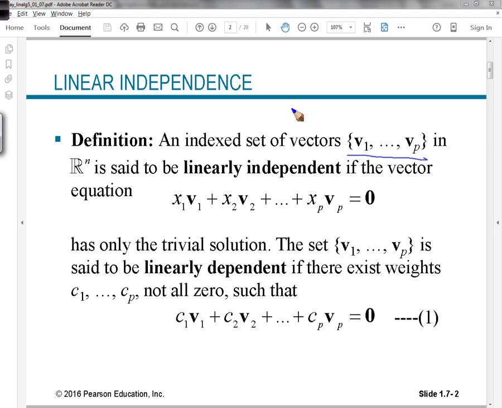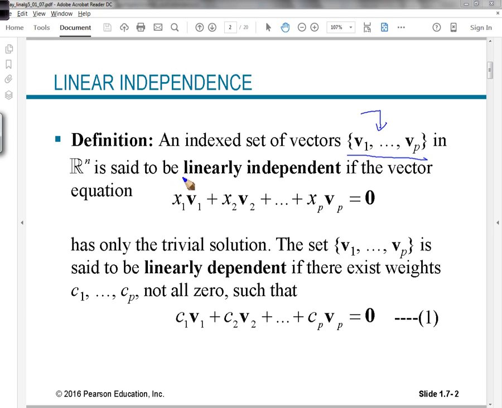We do not usually consider an empty set, because with no vectors at all we cannot even think about whether they are linearly independent or dependent. So we assume this is a non-empty set, and we are given at least one vector, or multiple vectors.